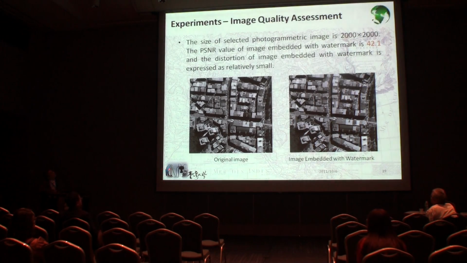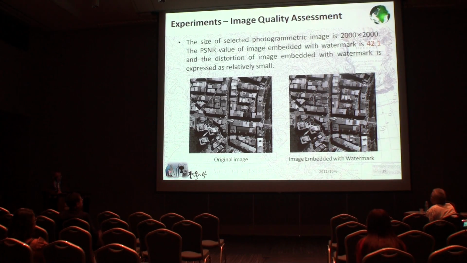So this is the image quality assessment, and this is the original image, and this is the image embedded with the watermark. You cannot find any difference visually. And the PSNR value of this image is 42.1, and this is a very good result for the image comparison.